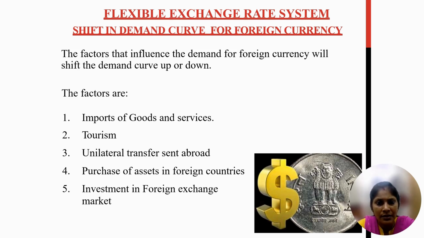So the factors that influence the demand for foreign currencies are import of goods and services, tourism, unilateral transfer sent abroad, purchase of assets in foreign countries, and investment in foreign exchange market in terms of buying foreign shares and bonds. So here, when we explain the first factor, imports of goods and services.